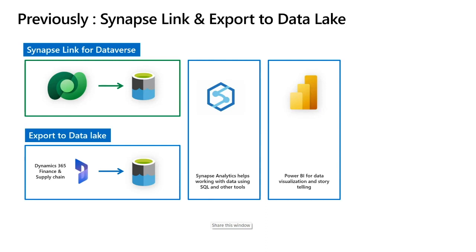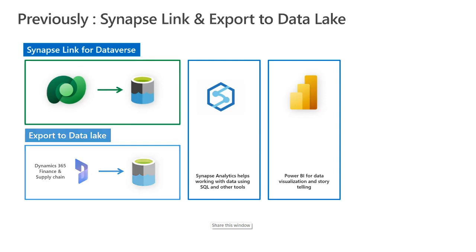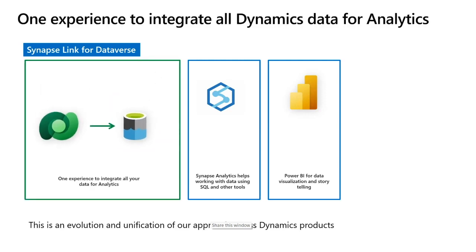So Export to Data Lake was built into Dynamics 365 Finance and Operations, F&O. Synapse Link for Dataverse was built into the Power Platform. Now, what we've done in the past 12-18 months is we've combined these two services together. It's an evolution and unification across all Dynamics products.